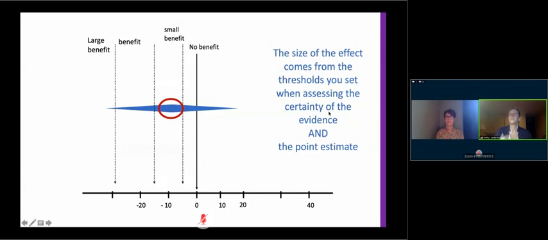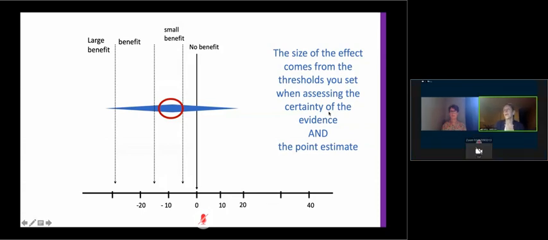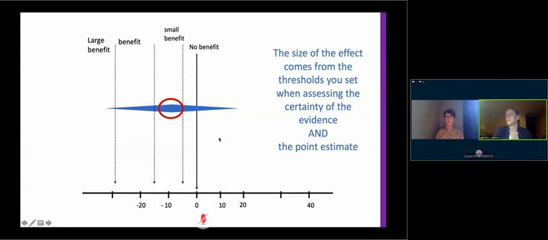So it is pushing authors to be transparent about what they were already doing before. Great, yeah. And also avoiding just saying, oh, it crosses the line of no effect, it must be no effect. Well, no, actually, your best guess is that it's a small effect here.